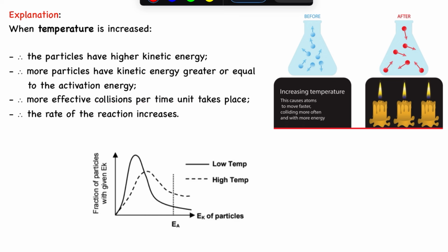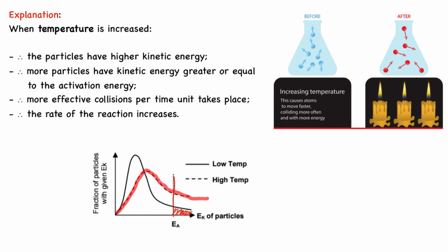Guys, when I talk about more particles, if you look at this graph, this is the original graph when the temperature was not increased. These are the particles that have kinetic energy greater than the activation energy, and they are the ones doing effective collisions. Now, when the temperature is increased, our graph changes to this.